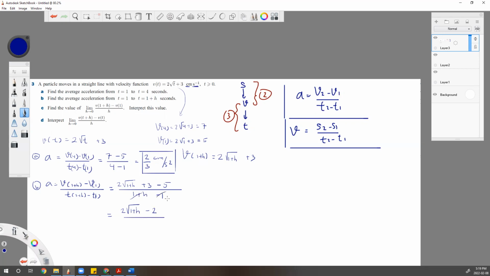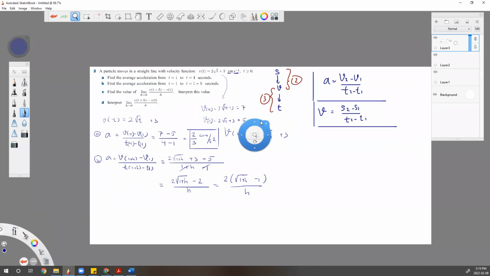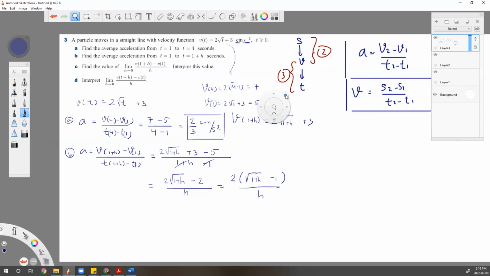You can cross the 1, and you will get H. That's all. If you want it more simple: 2 times (square root of 1 plus H, minus 1) over H. It's just another display of the answer.